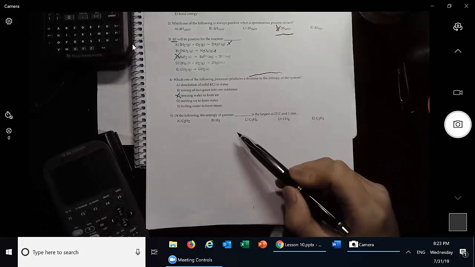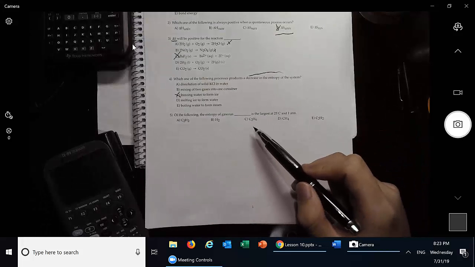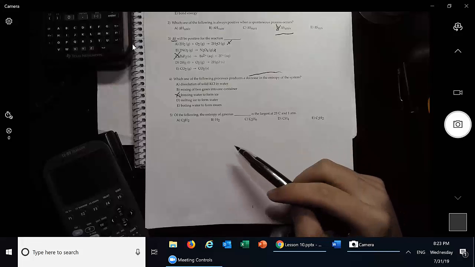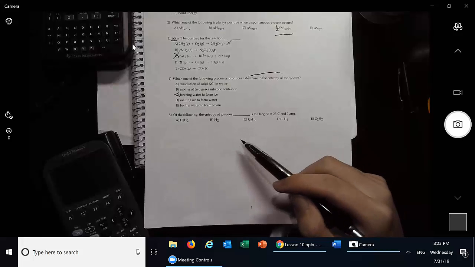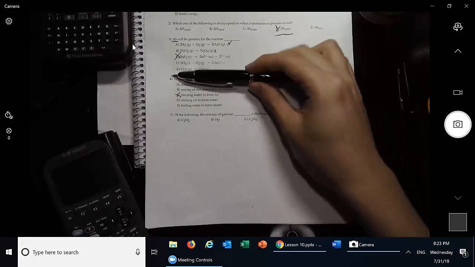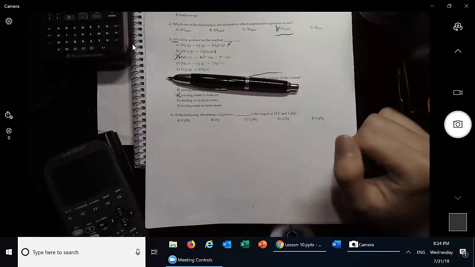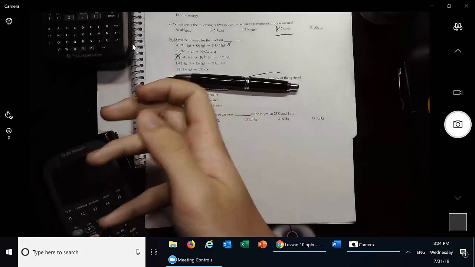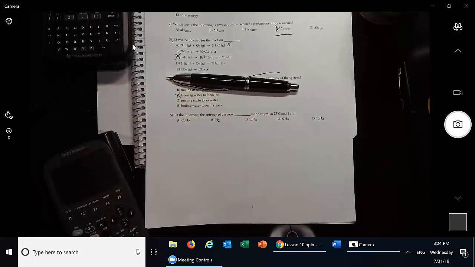Which one of these has the largest standard entropy? It turns out that heavier molecules and more complex molecules have more disorder because there's more things to wiggle around. This is somewhat complicated, because when the molecule gets larger, its mass increases, and the spacing between energy levels also decreases.